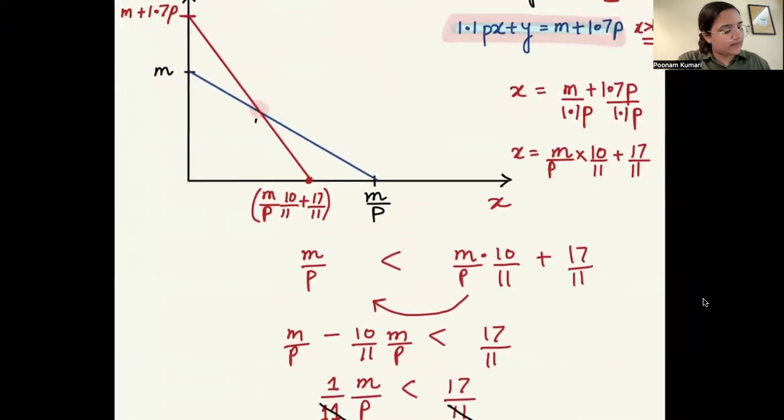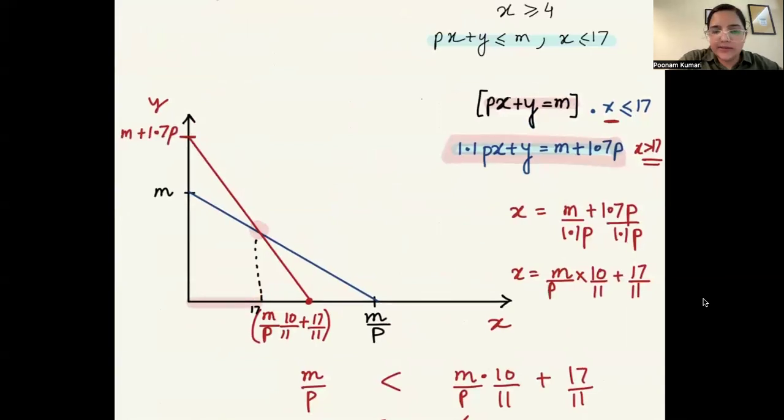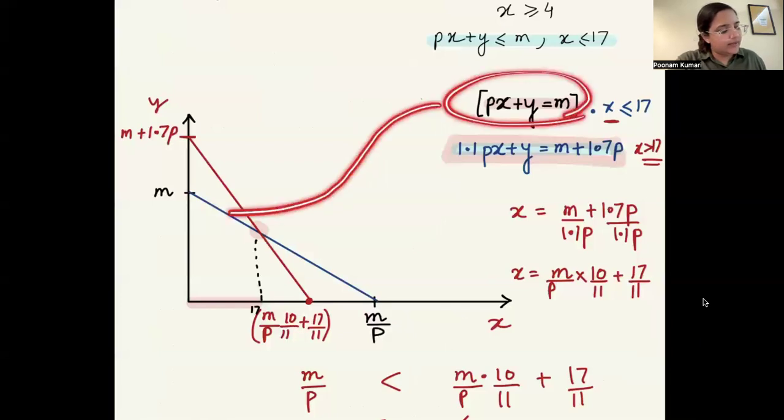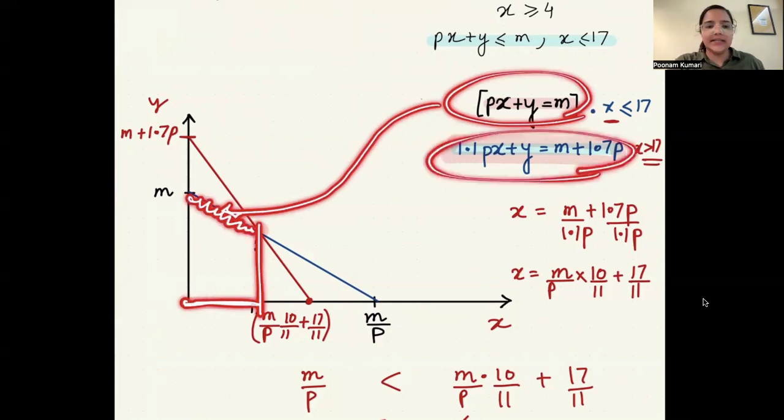That this is 17. So to the left of this, which line is relevant for me? The blue line, this one. Whenever x is less than 17, I look at this line. Yes or no? Yes, ma'am. And whenever x is greater than 17, I'll start looking at the red line.